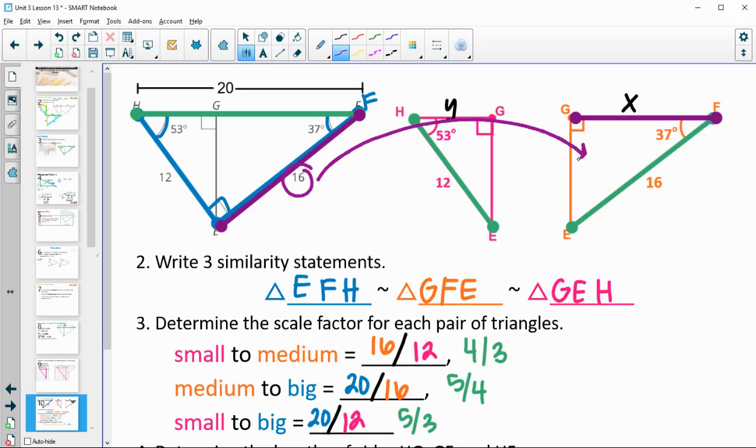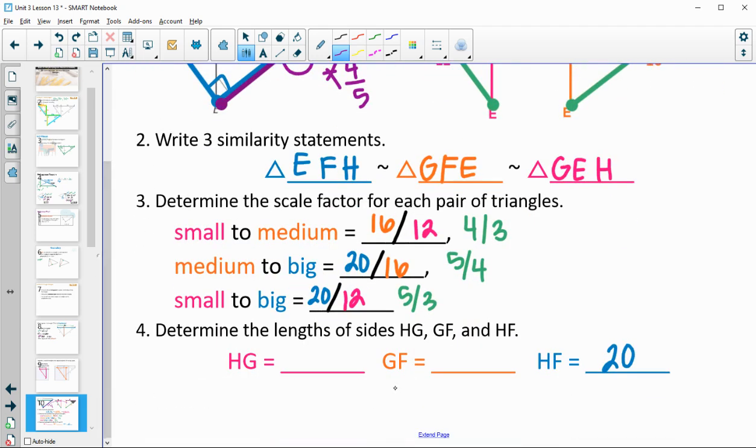So we want to divide by that 5/4 to go backwards, or just flip it, so multiply by 4/5, and that would get us GF. If we take 16 times 4/5, that would get us the length of that one. So 16 times 4/5 gives us 12.8.